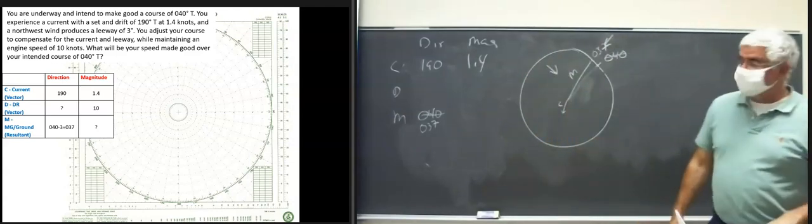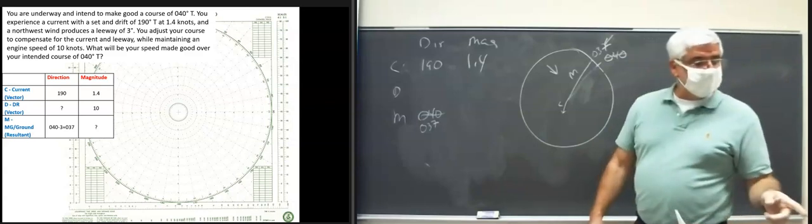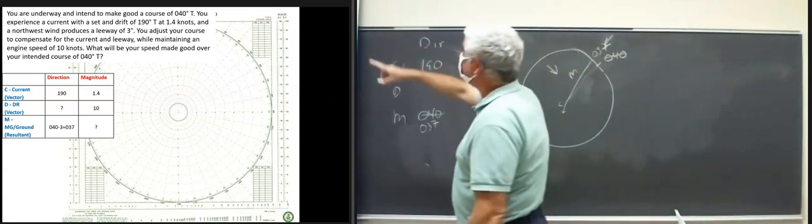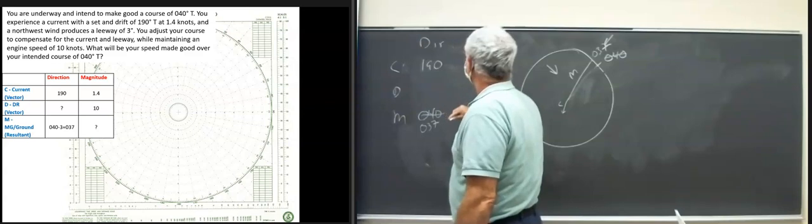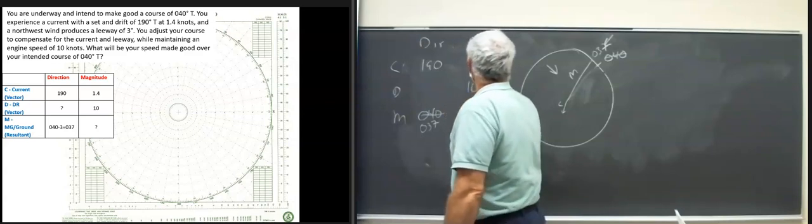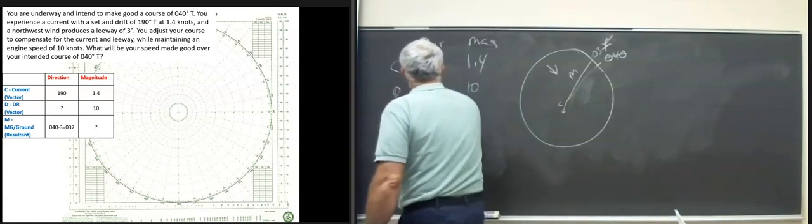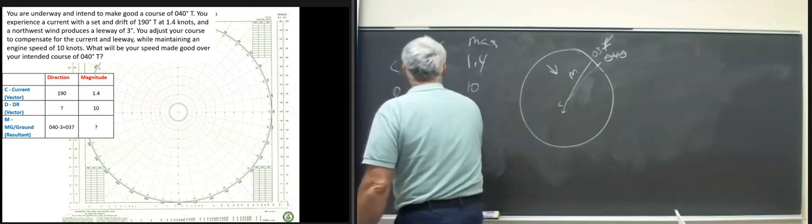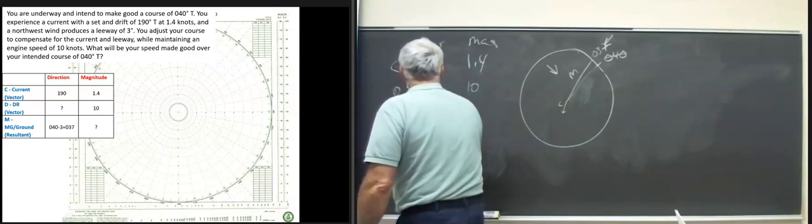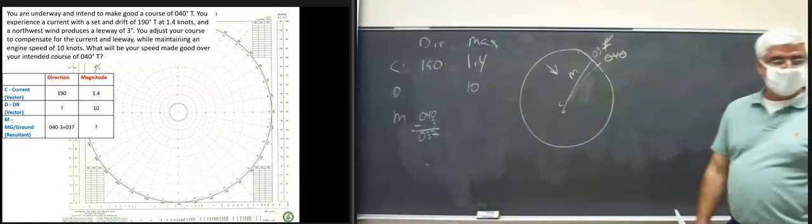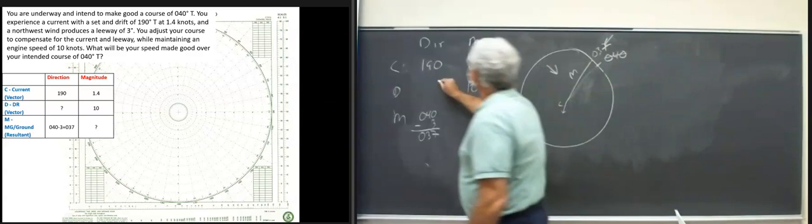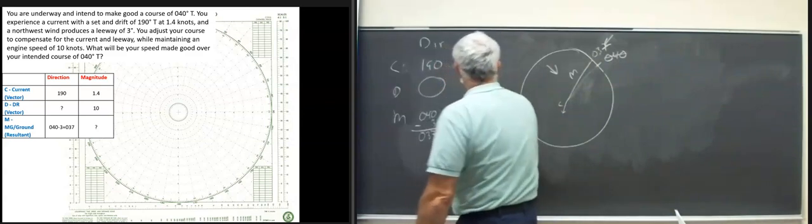All right. So this is where we are now. They told me my RPMs are 10. Where am I going to put that? Engine speed's 10. There you go. It goes right there. So this was 040 minus 3. Now this is 037. They want to know what should I steer and what's my speed made good going to be.